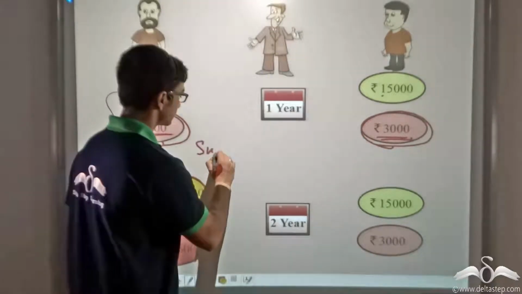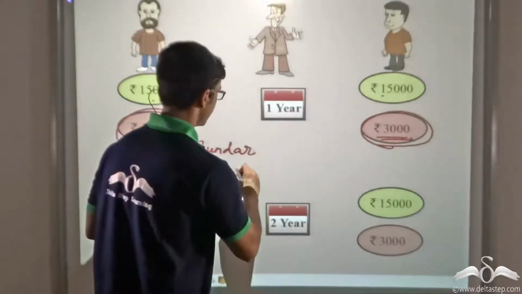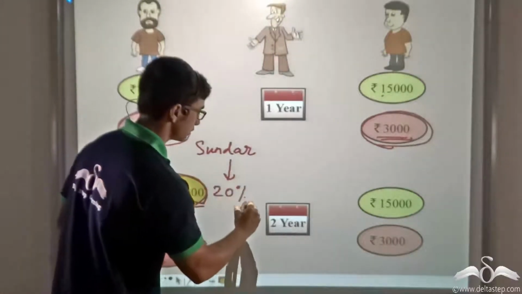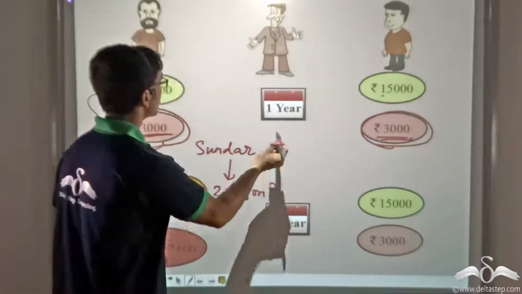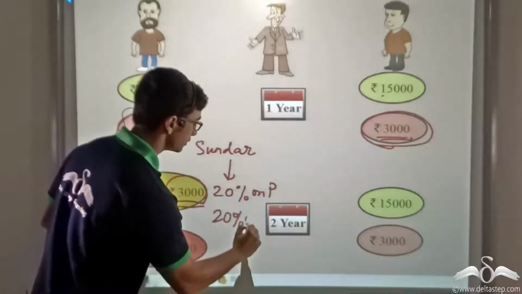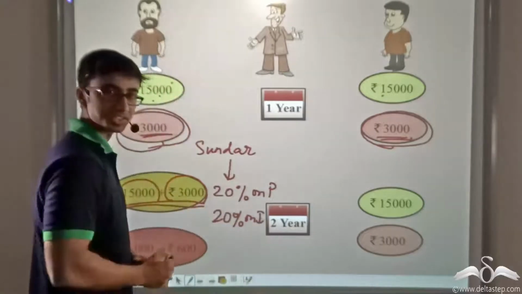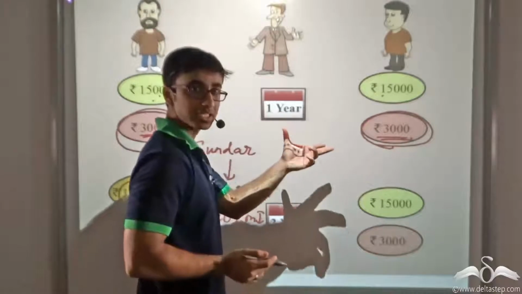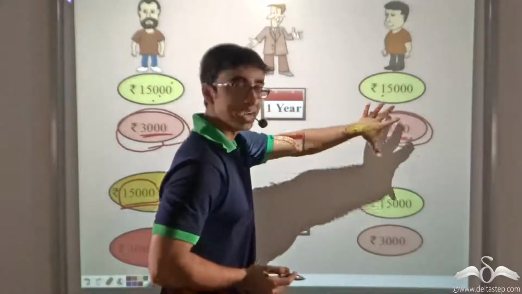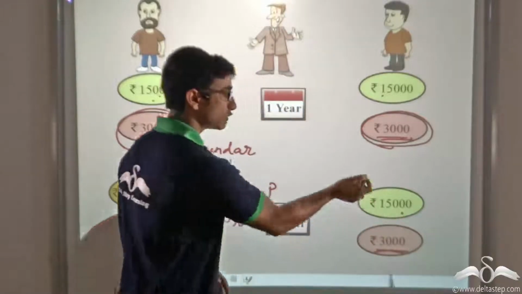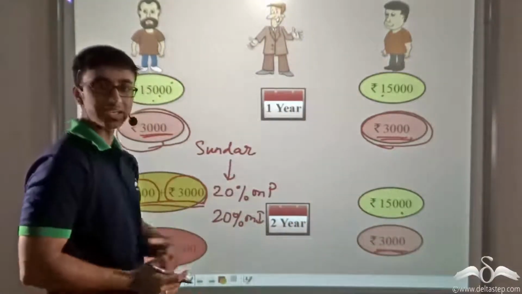So Sundar is paying an interest of 20% on the original principal as well as 20% on the interest. Whereas Shekhar, who hadn't returned any sum of money but had kept this 18,000 with him, is having to pay 20% on 15,000 even in the second year.